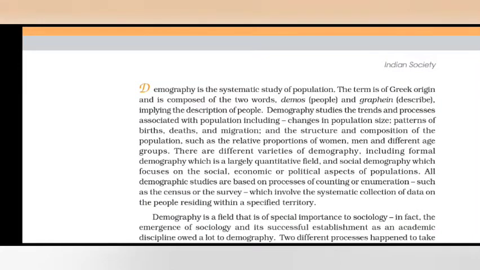The term is of Greek origin and is composed of two words, demos, people, and graphein, describe, implying the description of people. Demography studies the trends and processes associated with population, including changes in population size, patterns of births, deaths, and migration, and the structure and composition of the population, such as the relative proportions of women, men, and different age groups.